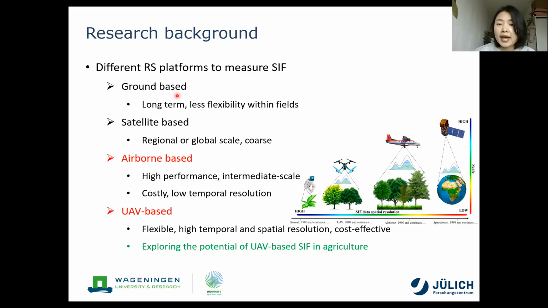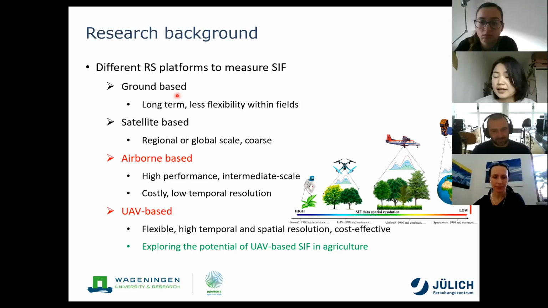Now we have airborne systems such as HyPlant. These systems have high performance and can provide SIF information at an intermediate scale between ground-based and satellite-based levels.